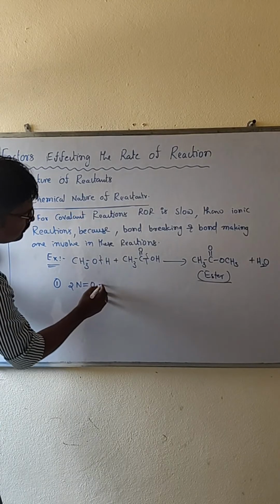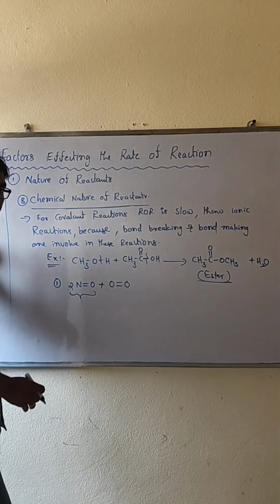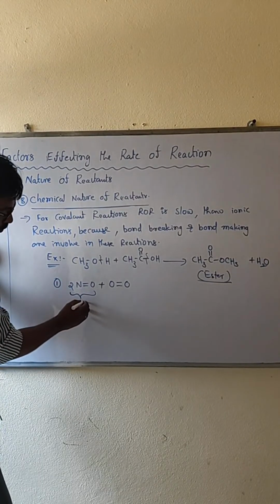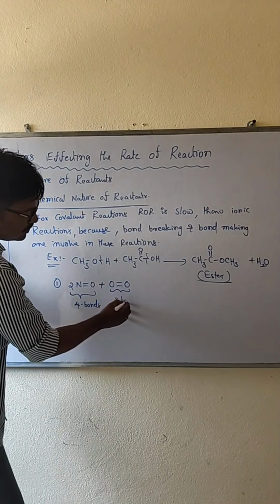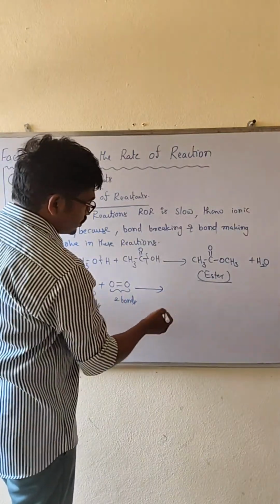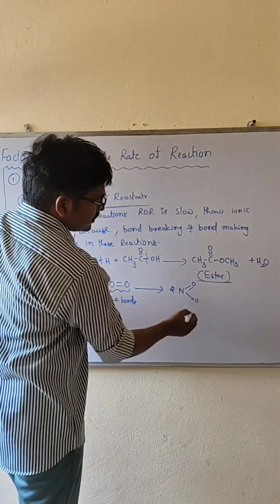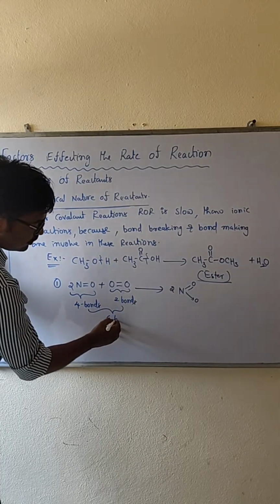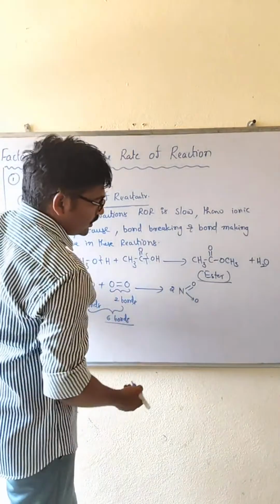2NO reacting with O2. So here how many bonds are there? In each NO molecule 2 bonds are there, but 2 molecules are there, so 4 bonds are present. Then in the O2 molecule, 2 bonds are present. Once the reaction takes place, NO2 will be formed, so 2 moles of NO2, with N double bond O and single bond O. Then 4 bonds plus 2 bonds, totally 6 bonds are broken. Now how many bonds are formed?